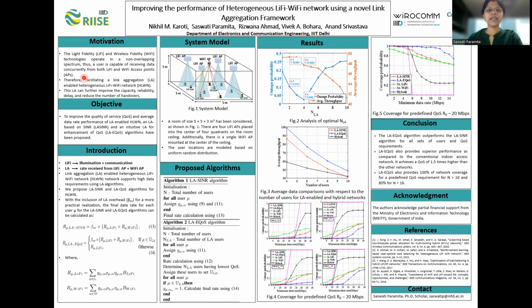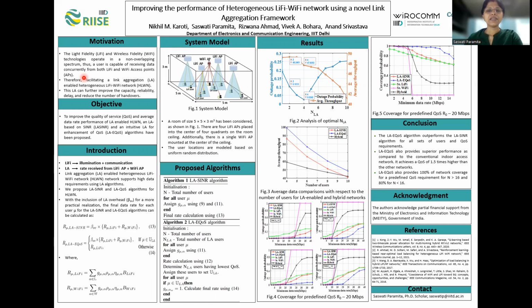Therefore, Light Fidelity, that is LiFi, is one of the alternative technologies used as the counterpart of Wi-Fi for providing higher data rate to the user. In general, LiFi provides data rate in the range of Gbps. Therefore, by using both techniques, LiFi and Wi-Fi together, we can provide higher data rate to the user.